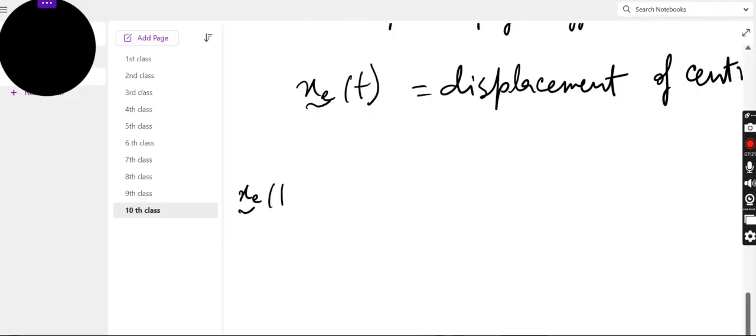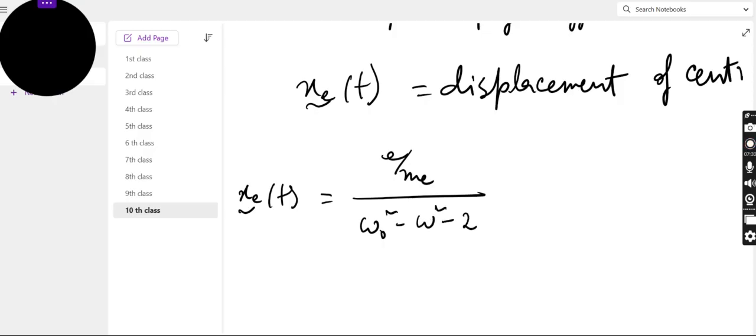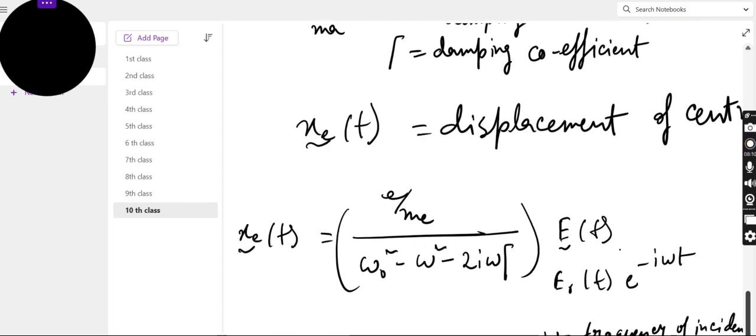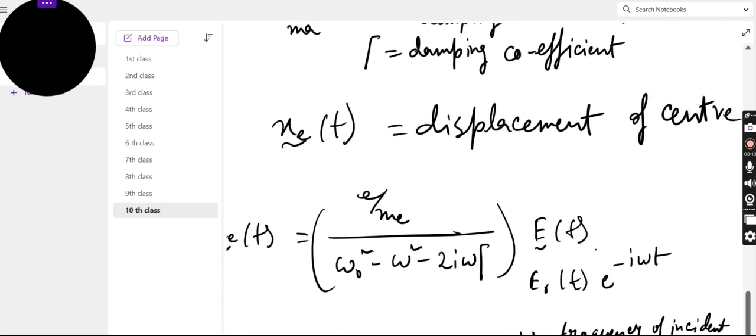The solution we get from this equation is e by m_e over omega naught squared minus omega squared minus 2i omega gamma, times the electric field, E naught e to the power minus i omega t. Here omega is the frequency of the incident electric field.